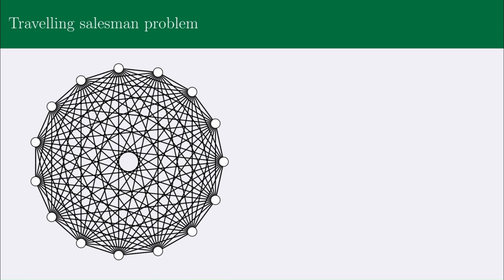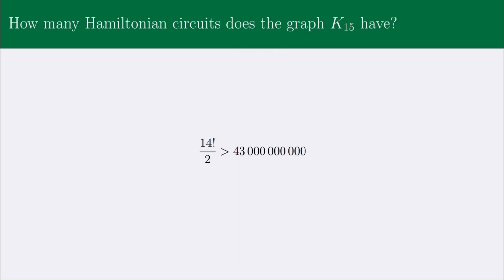Imagine that our map looks like this. It's the complete graph K15. So we have 15 cities. Let's say here is our starting point, and we need to plan the road for the merchant. What is the problem here? The question is, how many Hamiltonian circuits does the graph K15 have? So this is this number. Okay, why?